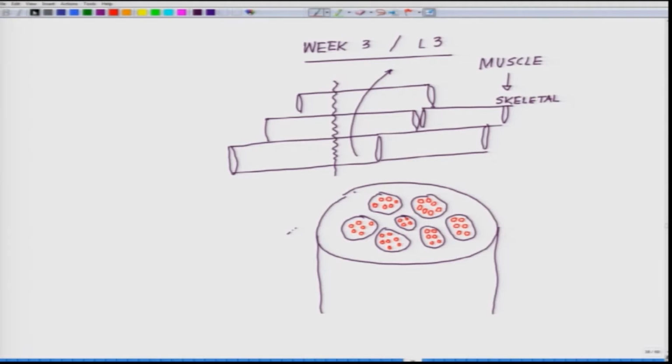Now, there are terms which are used. These are called muscle fascicles, a kind of cover. Within this you will see a lot of, let me use some other color, very close in, something like this.